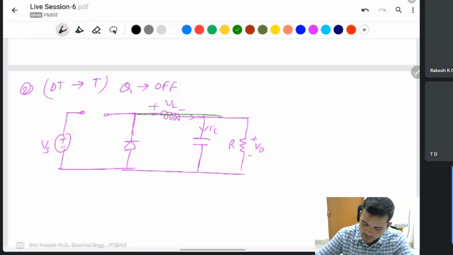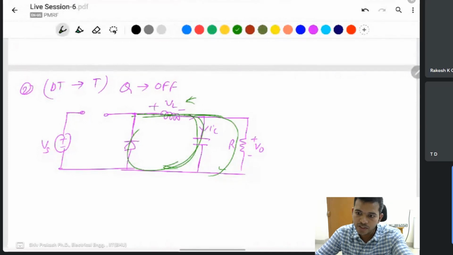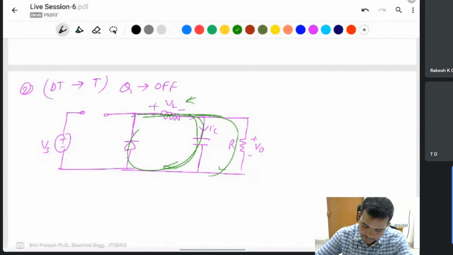The inductor current flows, but the inductor current is not 0 at that time. Due to di/dt, the inductor voltage changes, and the diode turns on, because the inductor current does not go suddenly to 0.